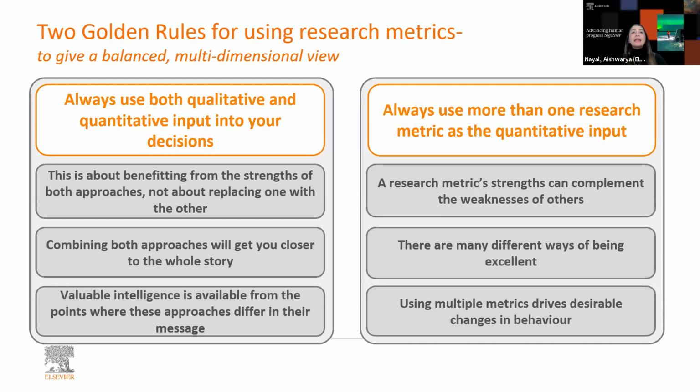And when you combine both approaches, it will get you closer to the whole story. And the second golden rule is always use more than one research metric as a quantitative input. So if you're using only CiteScore, no, combine it with either impact factor or SNIP, depending on what you have in mind. What is it that you want to achieve?